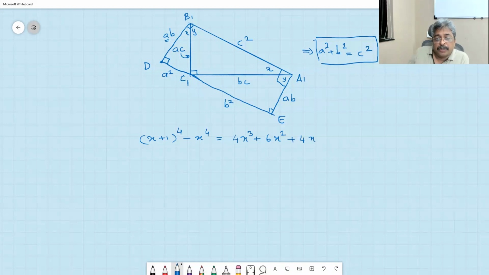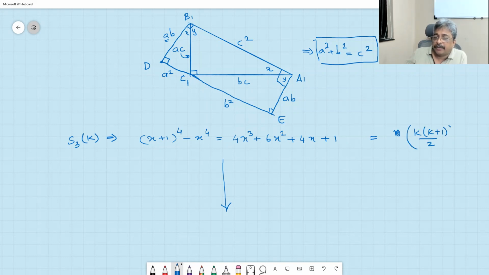Plus 4x plus 1. This is for S3 of K. And you should eventually get, after you perform this entire exercise, the answer equal to n or maybe k into k plus 1 upon 2 bracket square.